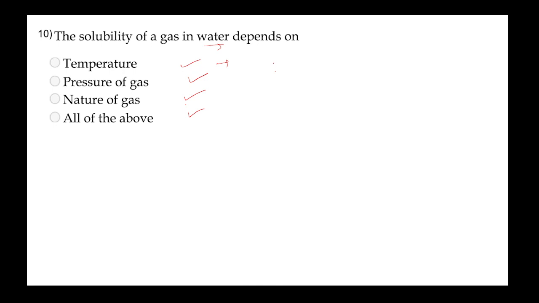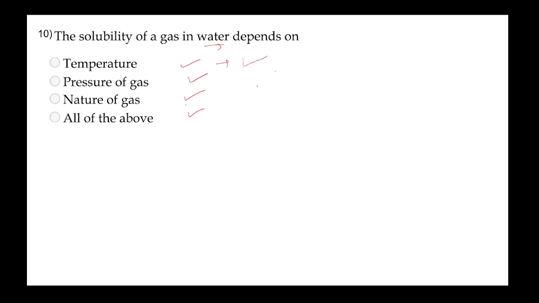Now if you open the bottle of any drink, it immediately comes into contact with room temperature, and the pressure is atmospheric pressure. So it tries to attain equilibrium, and the carbon dioxide comes out of the system and vaporizes.